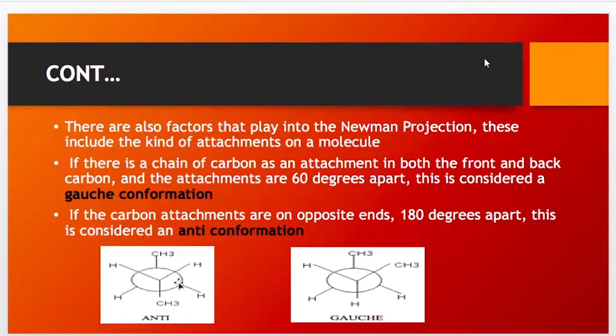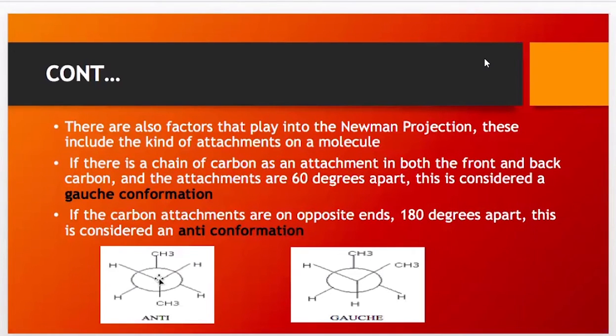An example is for this compound. This is the same compound, but it can be in a conformation that we call anti-conformation and gauche conformation. On top here, where I'm pointing, there's a carbon atom, and the circle behind it represents another carbon atom.